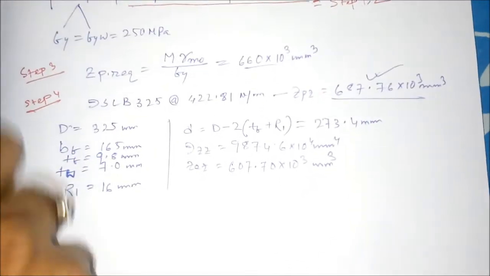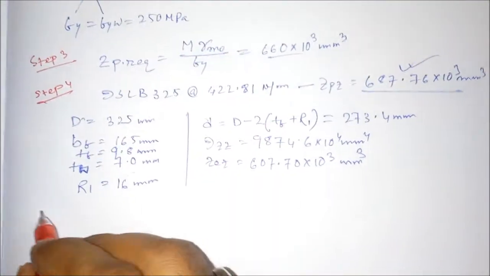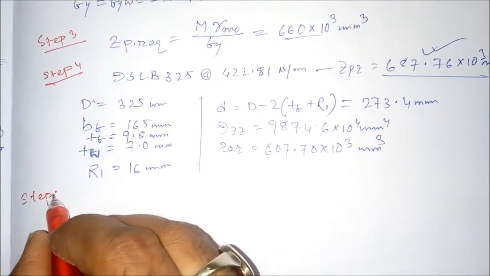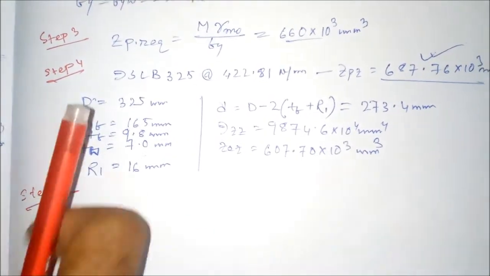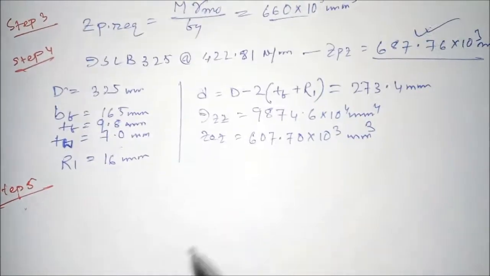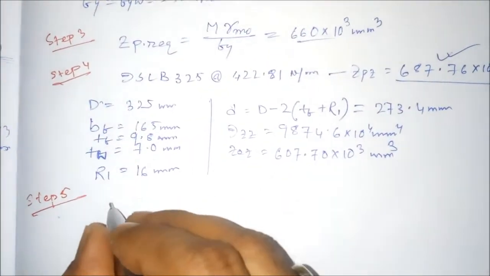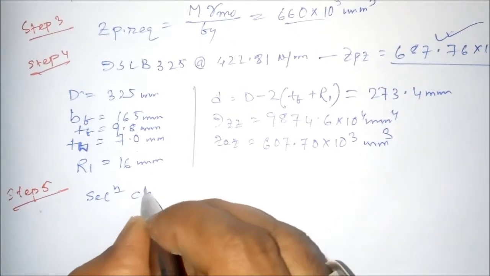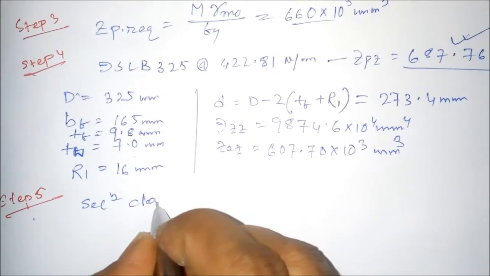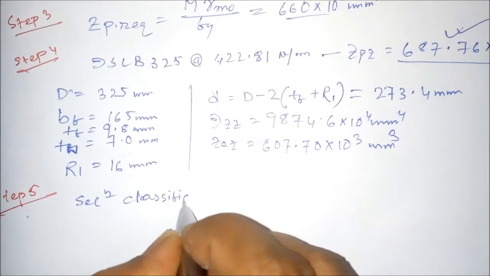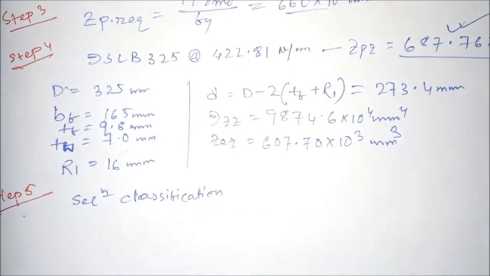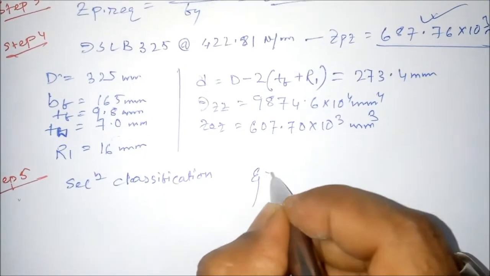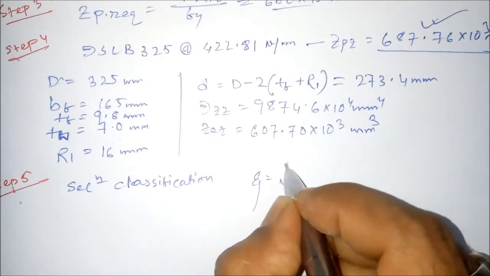In step number 5, we have to classify the section. We have to find out the section classification. To find out the section classification, first of all we have to find out the value of epsilon.